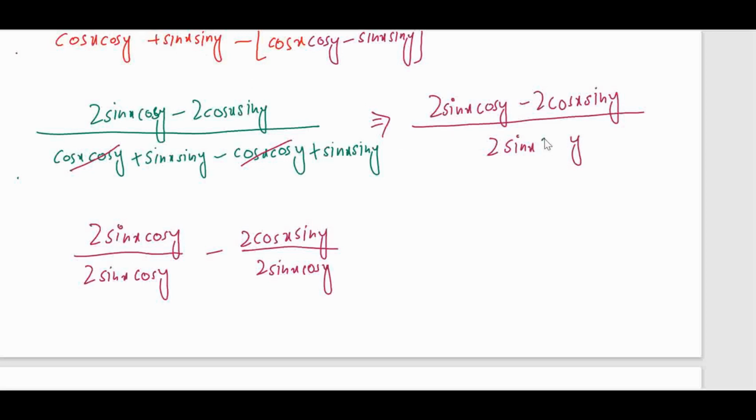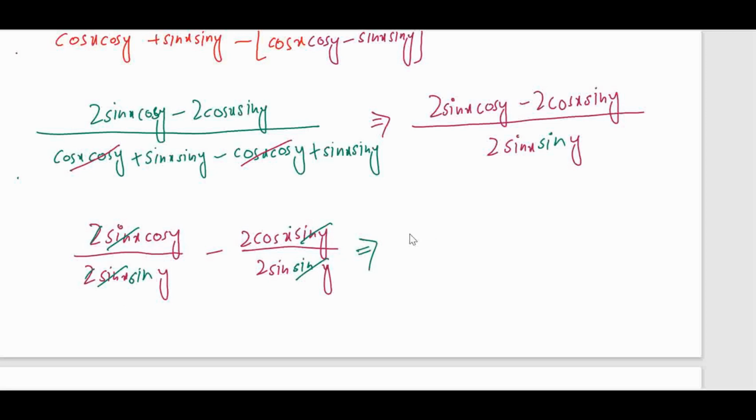So this should be sine over here, and here again this must be sine. So we need to change this one because in denominator we have both sine and both cos. So यहाँ पे sine है. So now we can cancel out sine x with sine x and sine y with sine y, and 2 with 2.